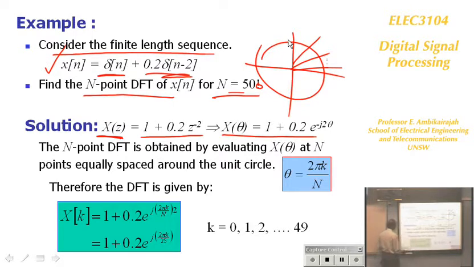So your DFT equation is 1 plus 0.2 e to the power of that theta, where theta becomes 2 pi over 50 times k. K is the frequency point. So that's your discrete Fourier transform equation. If you are given a sequence that you know, you can formulate it using the transform and X theta.